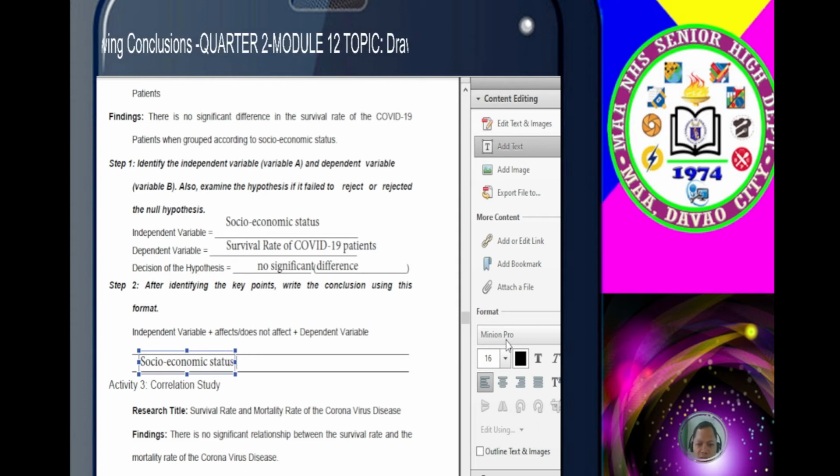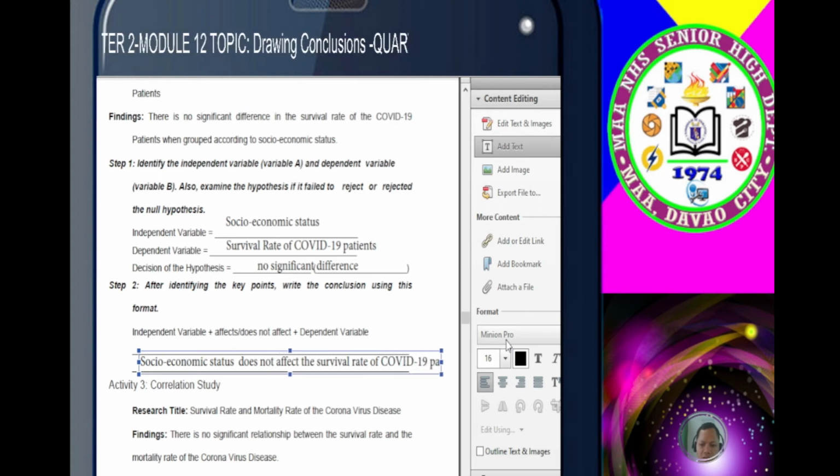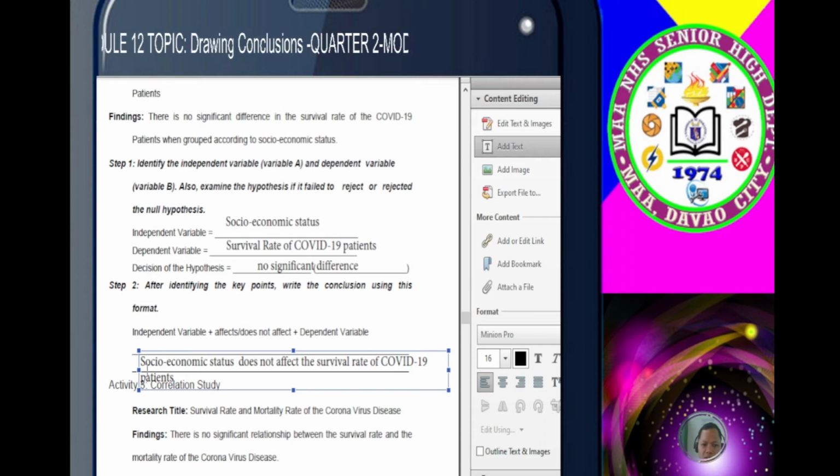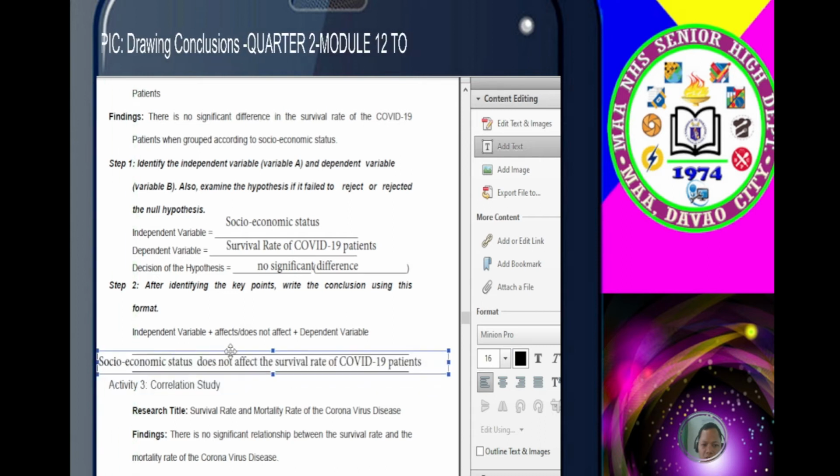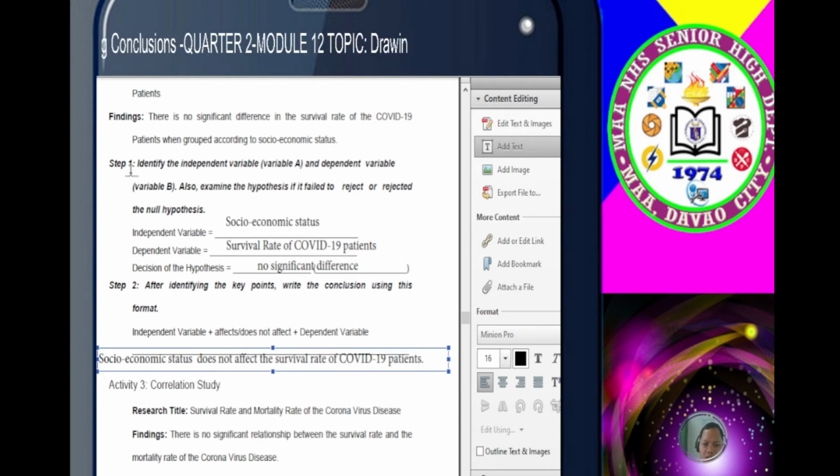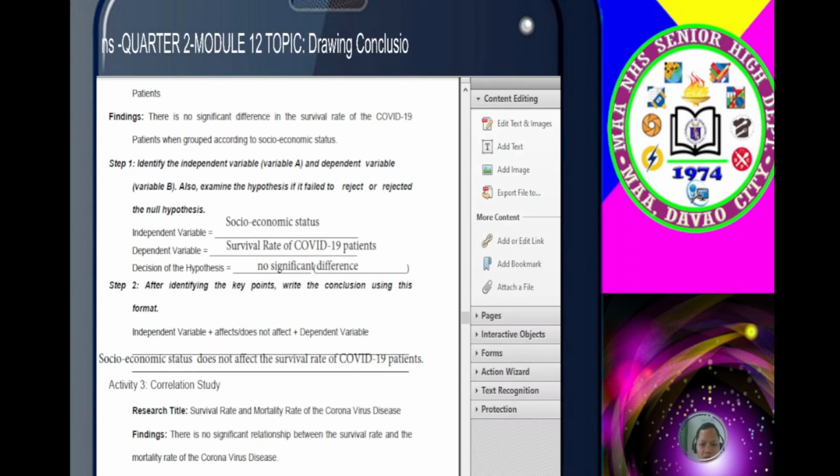Since it is no significant difference, you can have does not affect the survival rate of COVID-19 patients. Okay, so I hope we got the correct answer. I'll just highlight. Okay, so that is our answer.